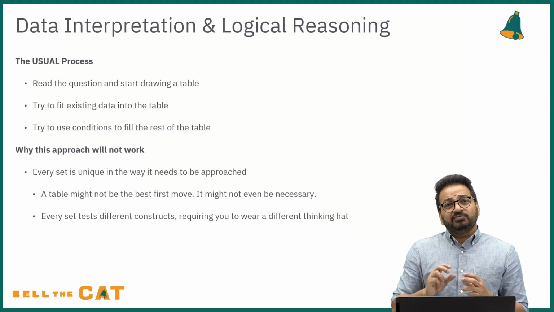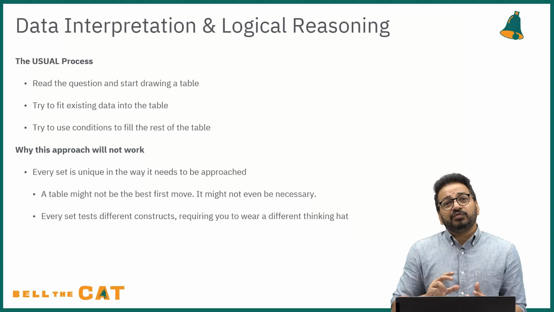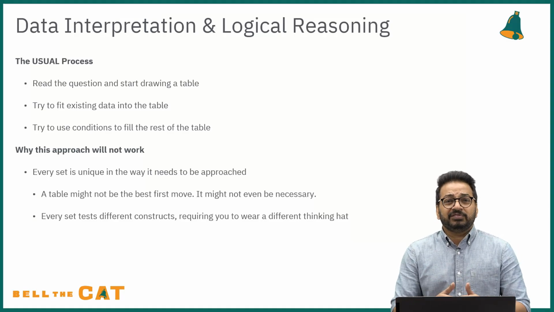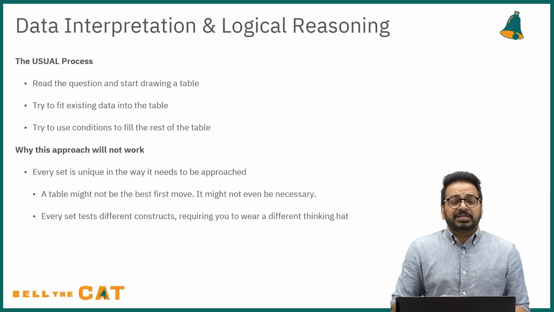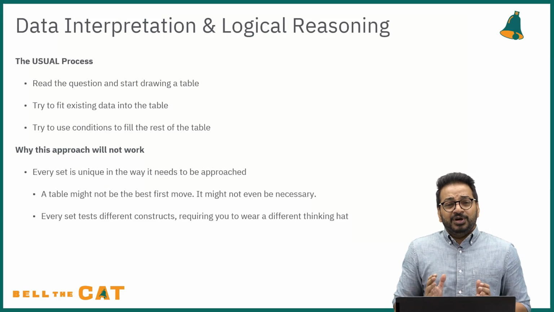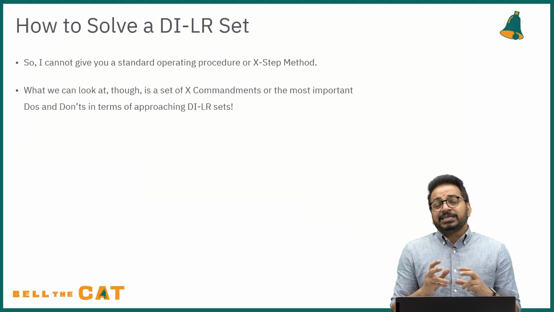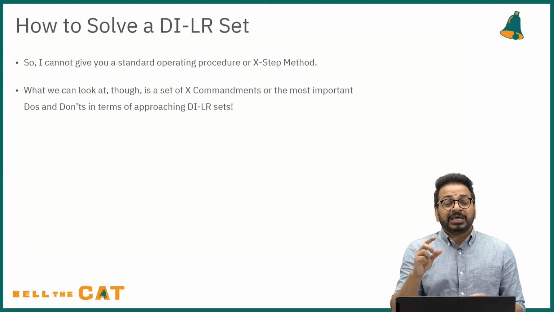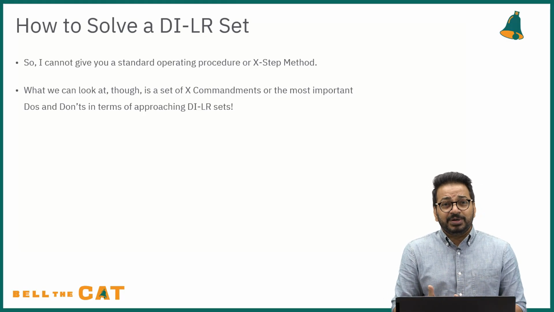Every set will test a different kind of construct, a different kind of concept. So for every set, you have to wear a different thinking hat. If you go into every set thinking I'll draw a table, the problem is different, the approach required is different, but you are going with one standard method. So I cannot actually give you a standard 5-step method, a very precise technique like I outlined in my previous videos for verbal and for quant.